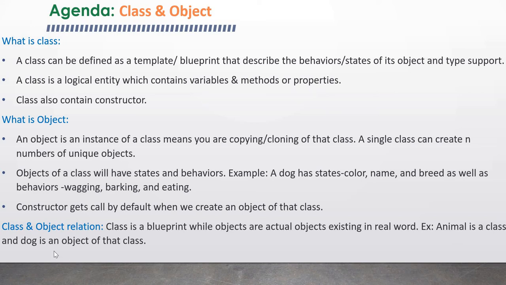So dog exists, which is an object, but animal doesn't exist. It is hypothetical, a logical thing. Animal gives you a picture that all animals will have some common behavior, some color, some sound, some eating habit. Those are different attributes of the animal class that help you build a particular object.